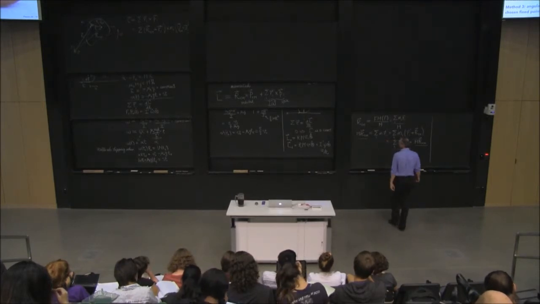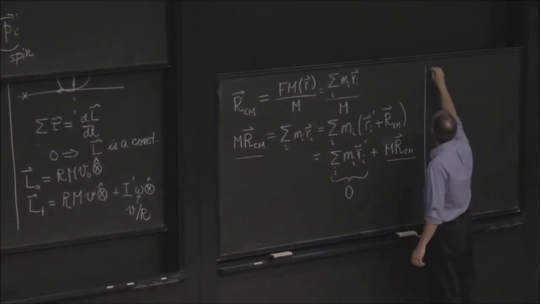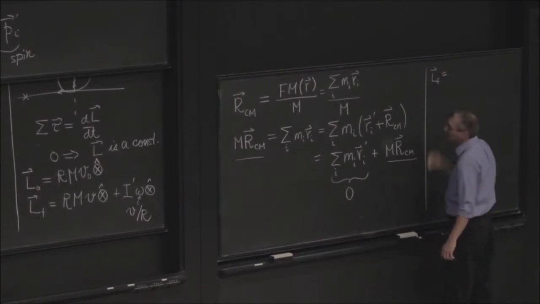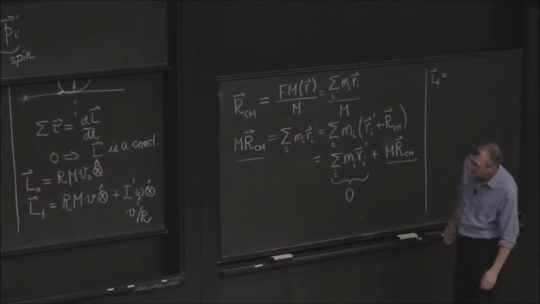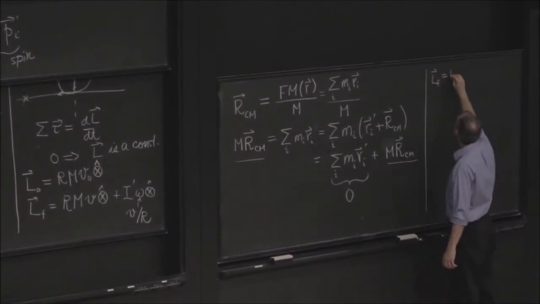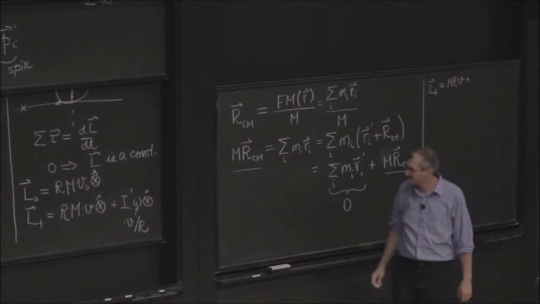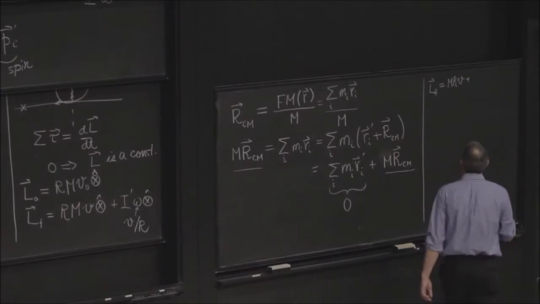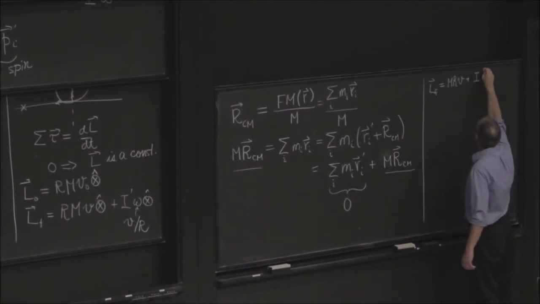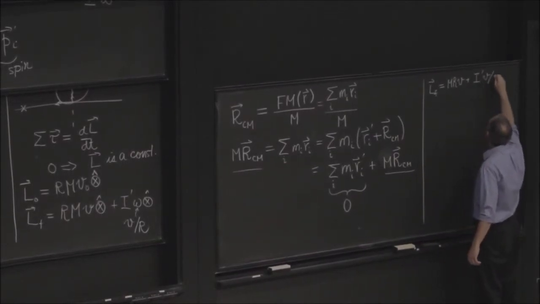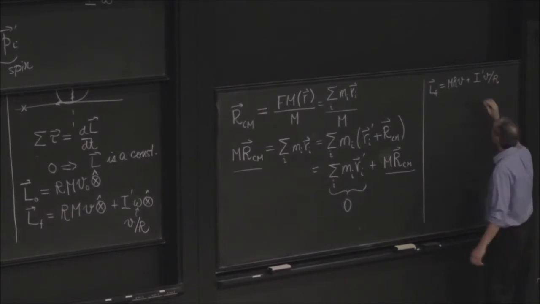I have L final is equal to m r v plus I prime v over r, in.